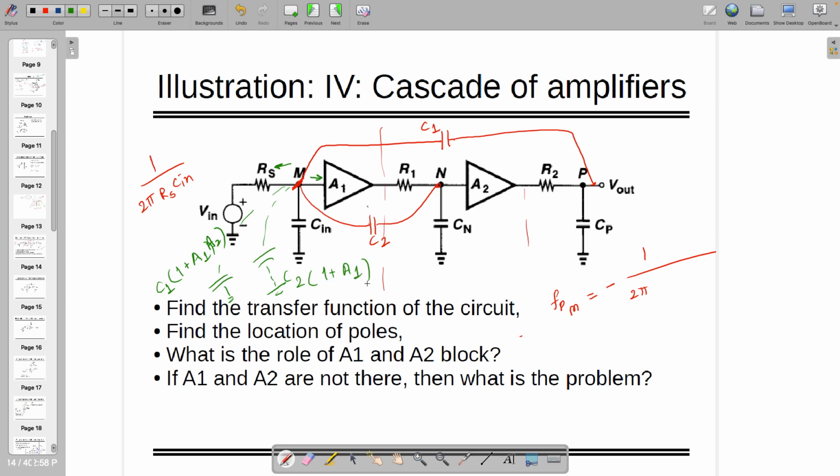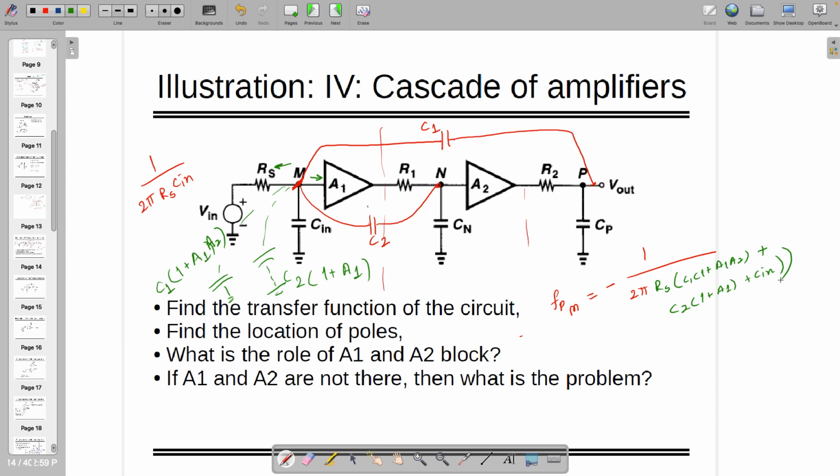If this is the case, right, then what should be the pole frequency at M? Right. Fine. No problem. Now can you tell me what is FPN?